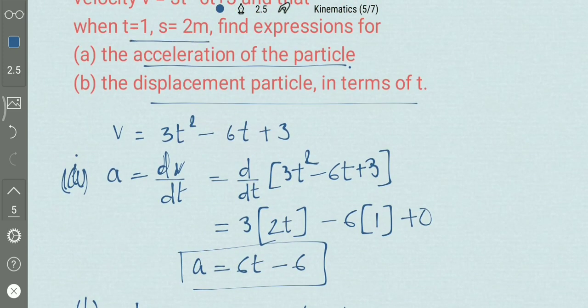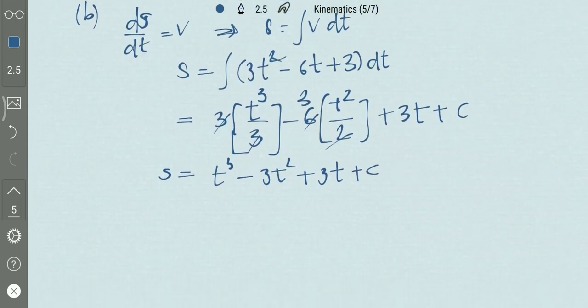At t = 1, s = 2. In order to find this arbitrary constant, we substitute t = 1. When t = 1, s = 2, so after traveling for 1 second, the displacement will be 2 meters.